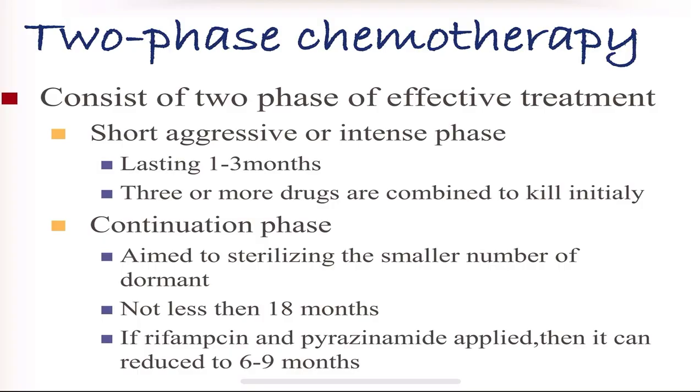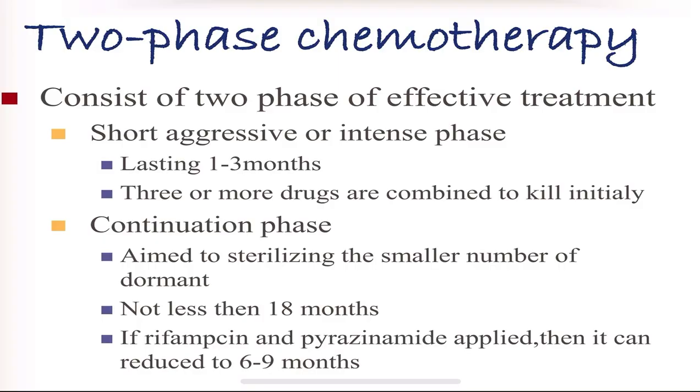Then comes the second phase. The second phase is the continuation phase. The continuation phase is aimed at sterilizing the smaller number of dormant bacilli or the persisters which are present.